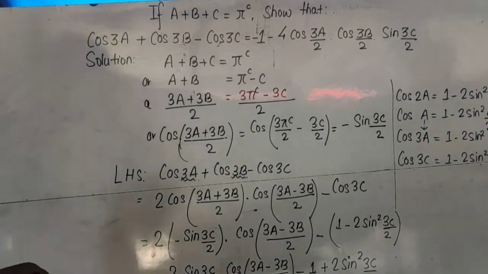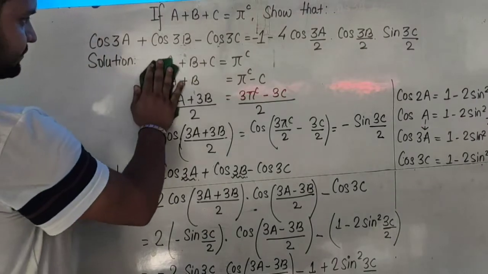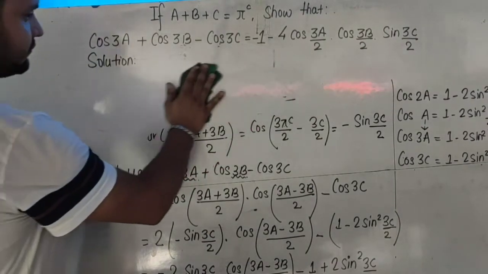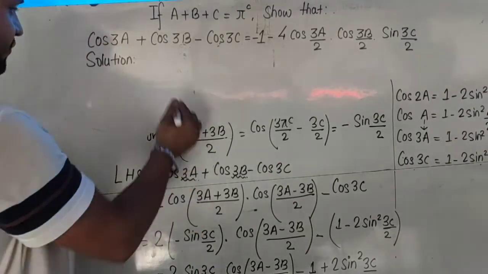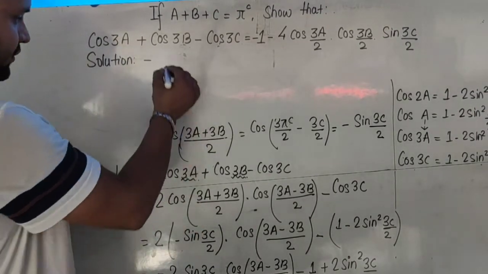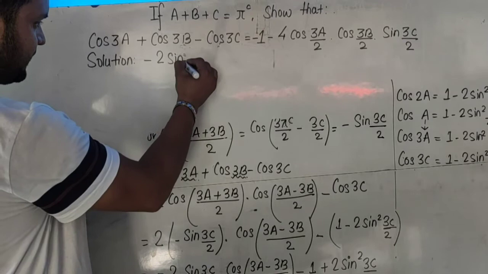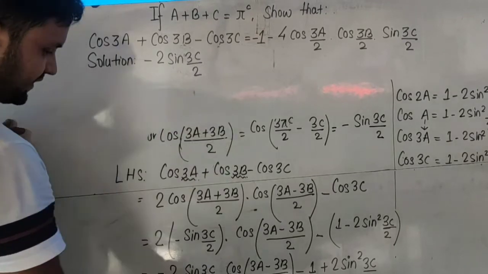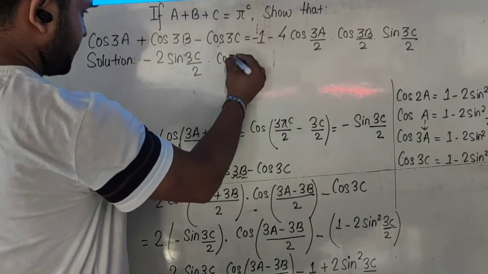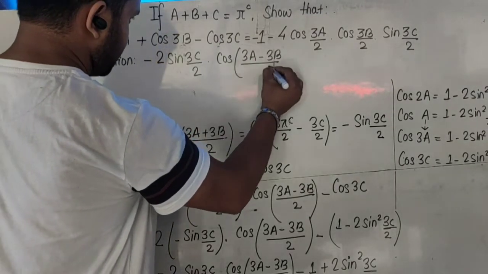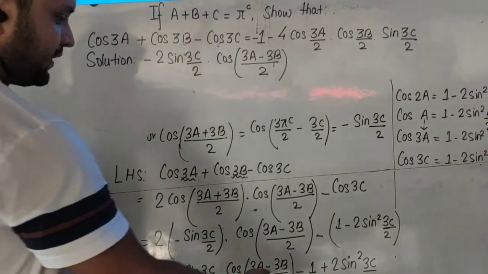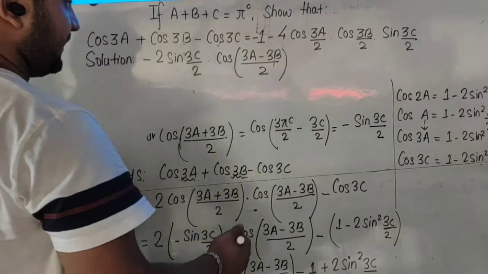Now I think I can drop this part. I drop this part, and let's come here. So we have minus 2 sine 3c by 2. I copied this as it is, cos of (3a minus 3b) by 2. Now I can take this minus at the end.